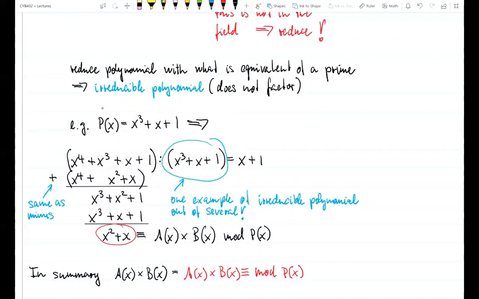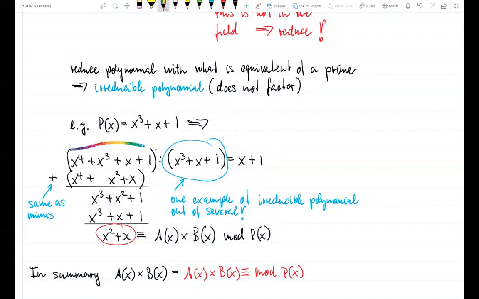So what we do is polynomial division with this irreducible polynomial. And of course, in the steps in between, when we need to add terms, this is actually a minus normally, but we can write it as a plus because both are equivalent anyways.